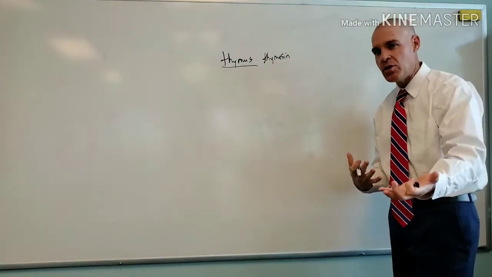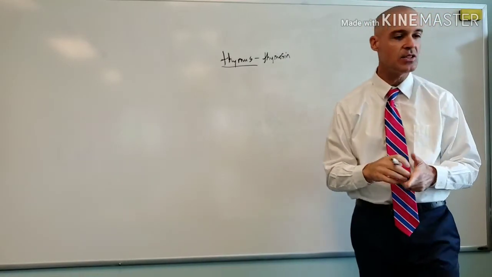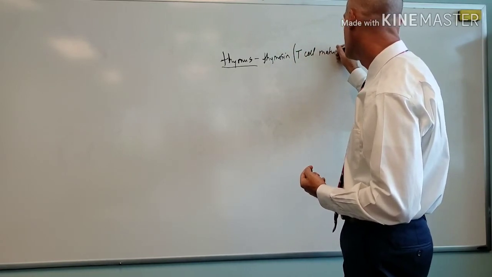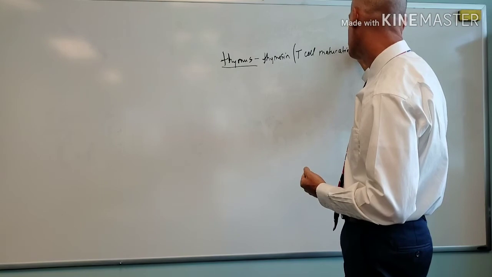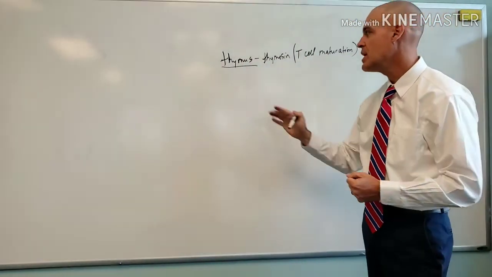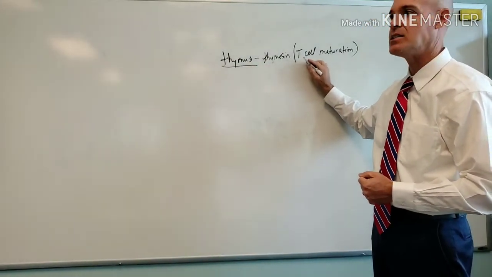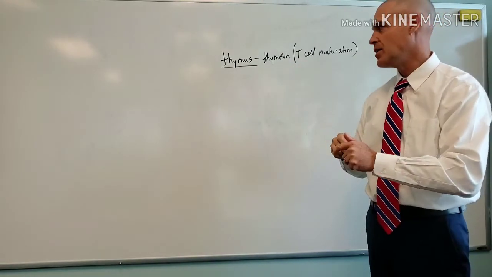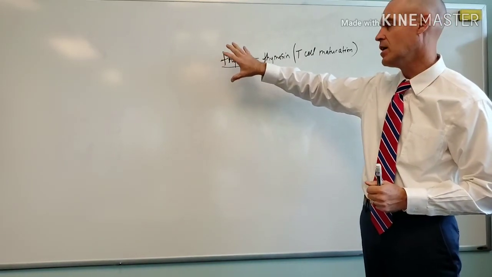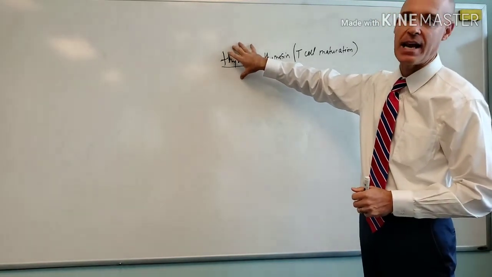It actually makes some thymulin as well, but I'm just going to give you this hormone, thymosin, which is related to T cell maturation. So it is involved in the maturing of T cells, and that's basically what happens inside the thymus. Its job is to allow for the maturing of the T lymphocyte cell. And obviously because it involves T cells, it's considered a part of the lymphatic system. Yes, it's endocrine, but it's also part of the lymphatic system.